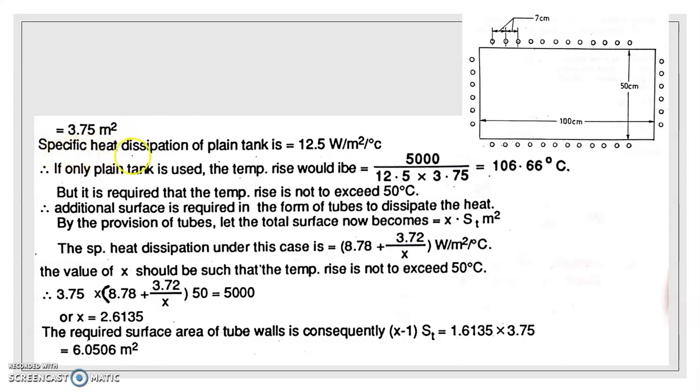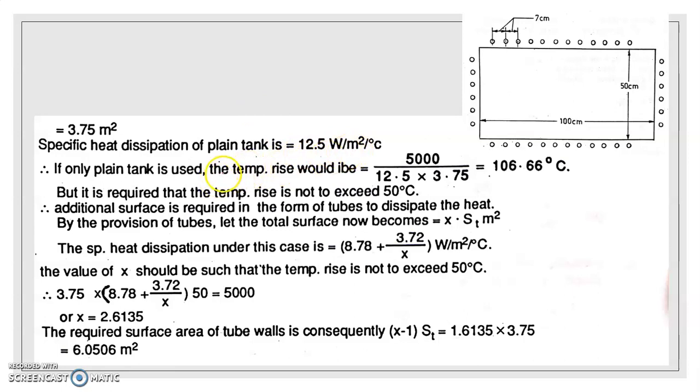So the specific heat dissipation of the plain tank is 12.5. As we have seen, by radiation it is about 6 watt and by convection about 6.5, a total of 12.5 watt per meter square per degree Celsius.